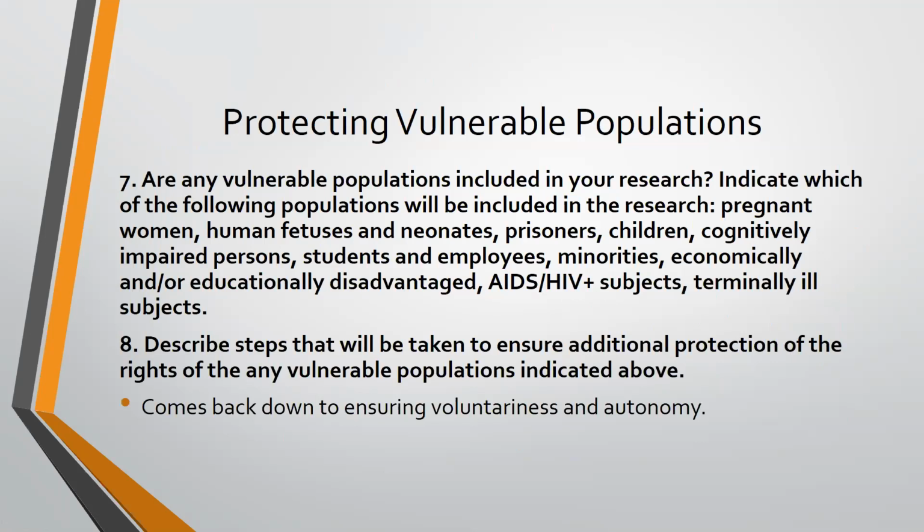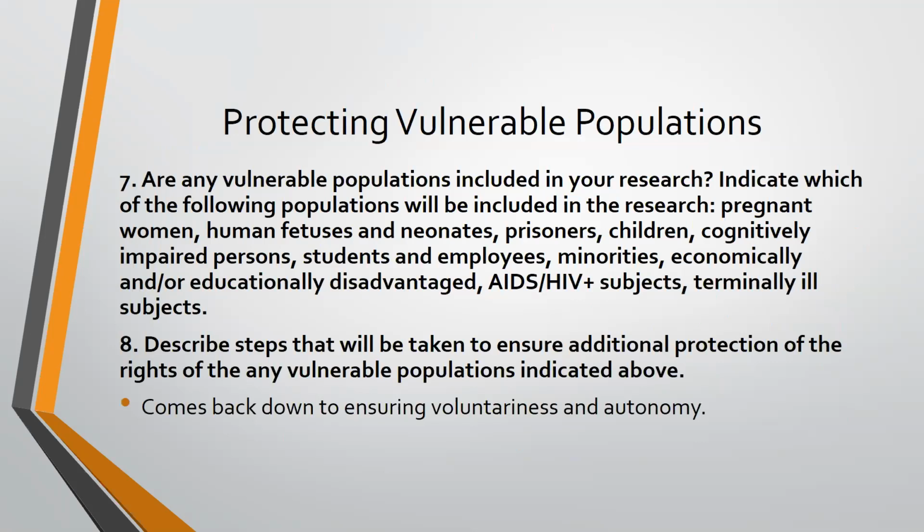So perhaps if you're looking at a study with individuals on the autism spectrum, or participants that might have been diagnosed with some other learning or different disorder. Students and employees are protected, minorities, economically or educationally disadvantaged, populations with AIDS or HIV, or terminally ill subjects.